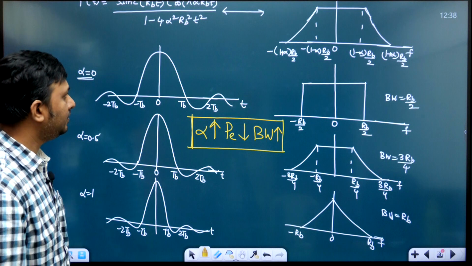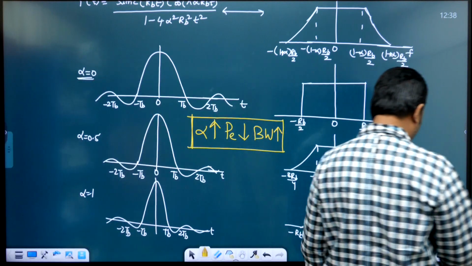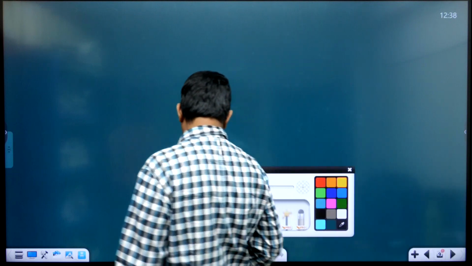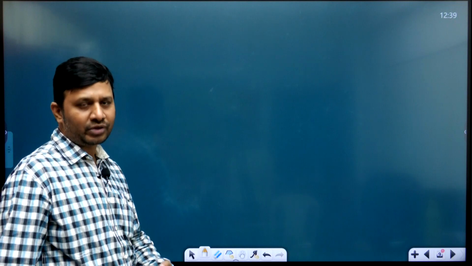Now let us examine one more important point: what are the conditions for a pulse to become a raised cosine pulse?